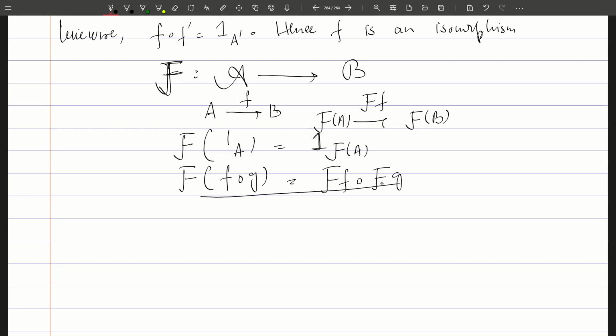So we call such functors ordinary functors. The definition of a functor is actually the definition of a covariant functor, but we skip the term covariant.